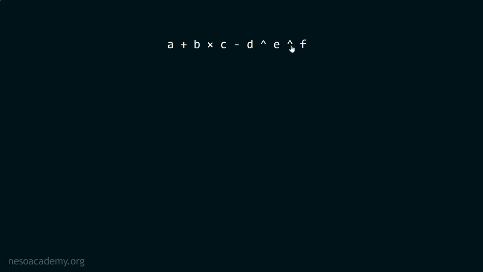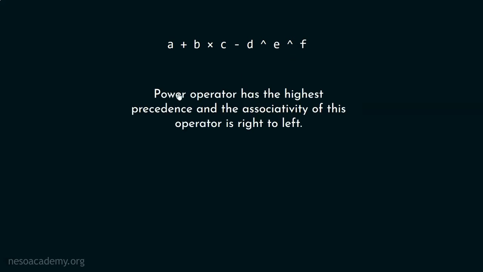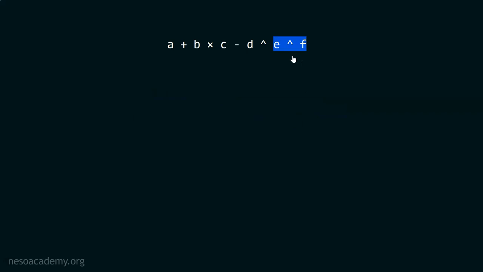And we also know that exponentiation operator is right associative. Therefore, this expression will be evaluated first. Power operator or exponentiation operator has the highest precedence and the associativity of this operator is right to left. Therefore, this expression will be evaluated first, that is e to the power f. This becomes ef power. Got it?